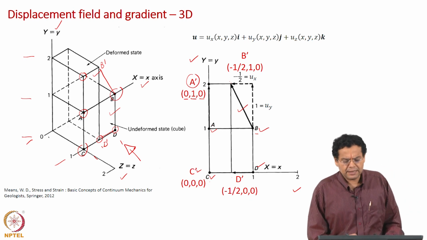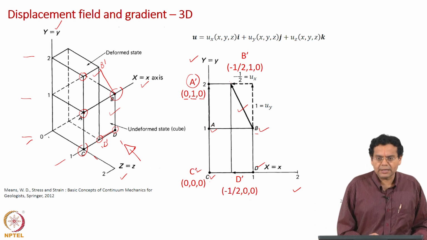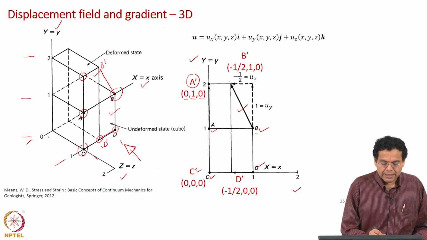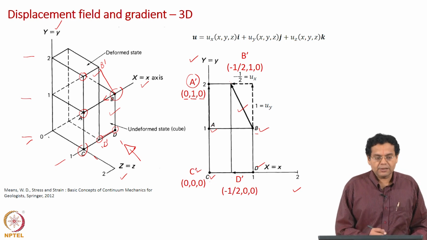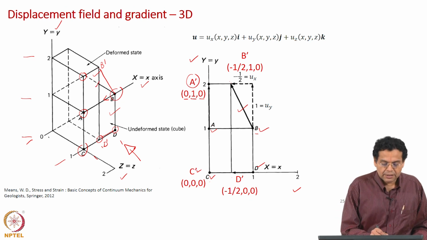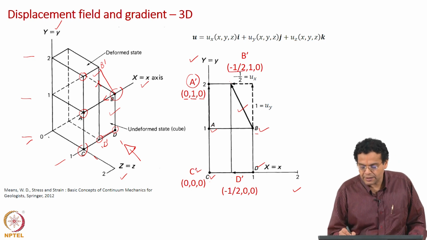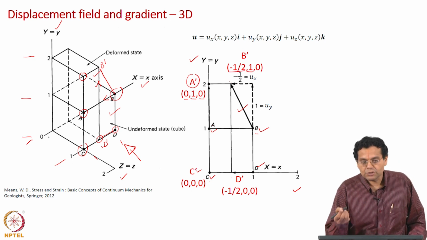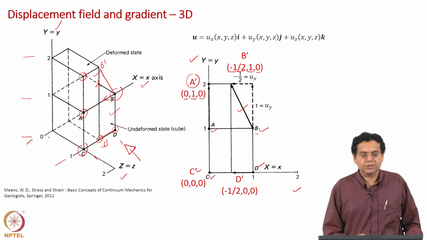Now let us take B. B has moved from here to here, but in terms of coordinate directions it has moved by half a unit along the negative x direction and 1 unit along the positive y axis. So that is why you have minus half here, 1 here, and of course no displacement along the z direction, hence it is 0 here.